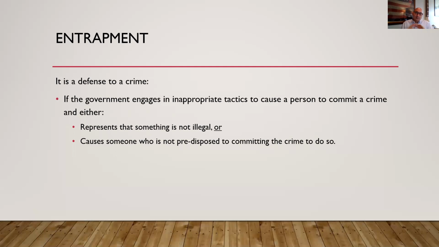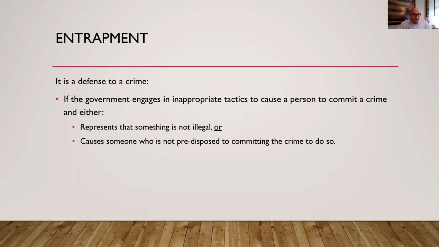So what do we ask? How do we define this defense so that we don't punish people who otherwise wouldn't be guilty? Or alternatively, how do we keep the police from engaging in what we would regard to be inappropriate investigatory efforts to cause people to turn to a willingness to commit these crimes?